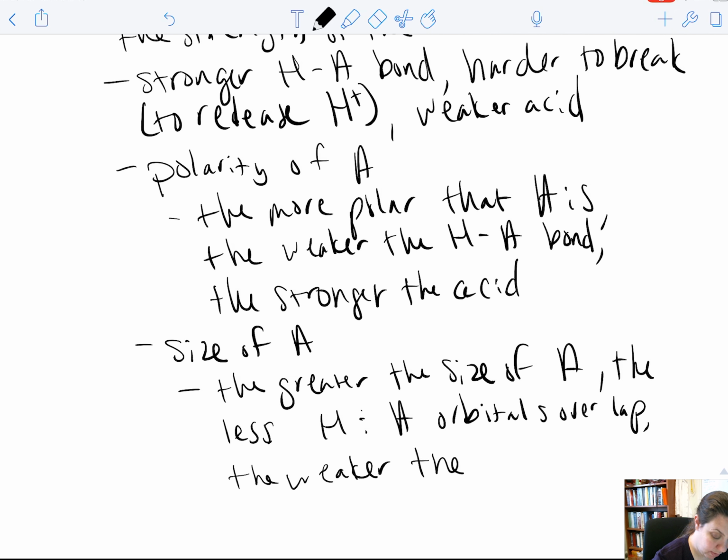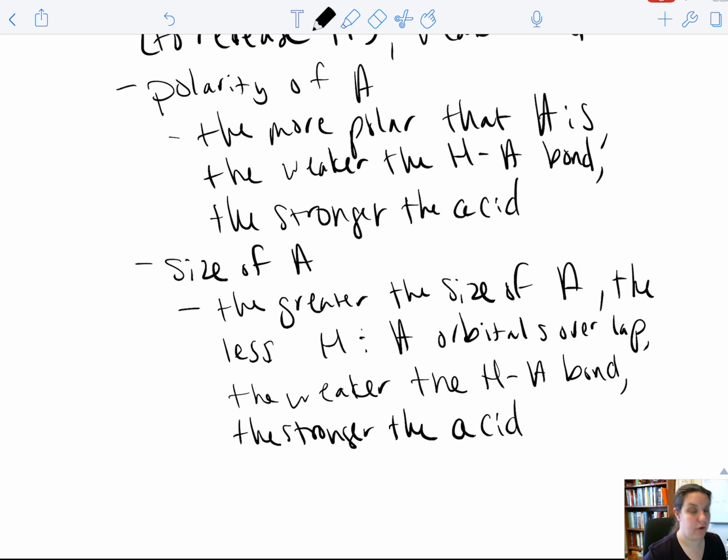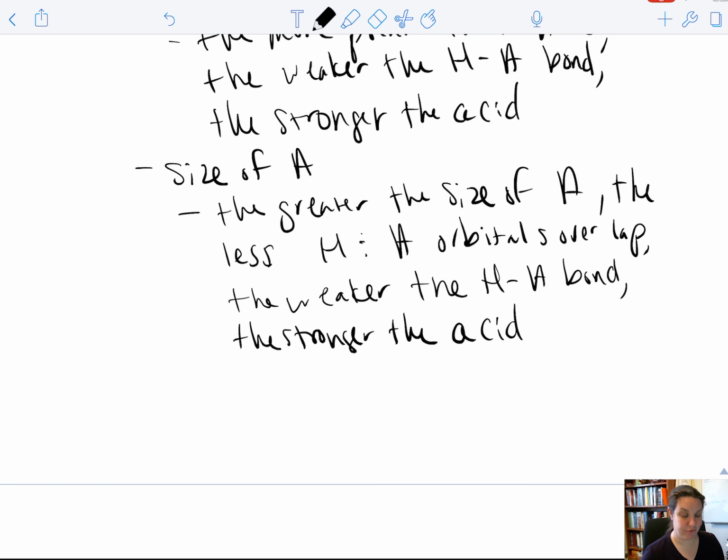The weaker the HA bond, the stronger the acid. So, if A is more polar, it's going to be a stronger acid. If A is larger, stronger acid.